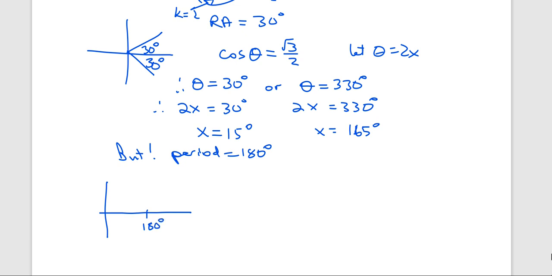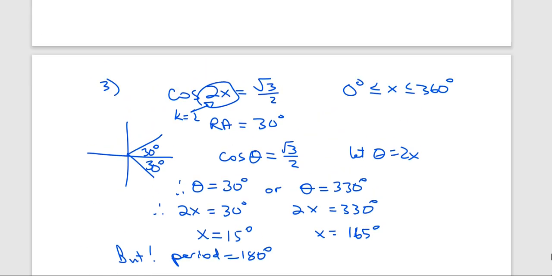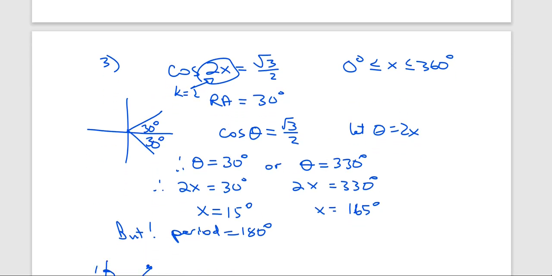So let me sketch this. I still have the 1 and the negative 1, and it's a cosine, so let's split this into 4 equal parts. So that's going to be maximum, average, minimum, average, maximum. And so I have my one cycle, but the question is saying find me all the values between 0 and 360.